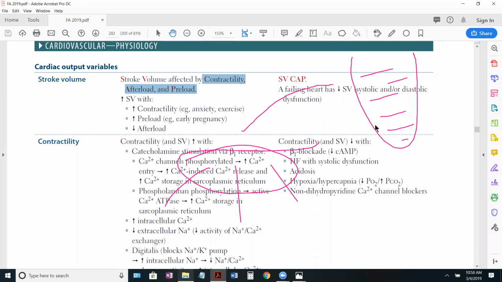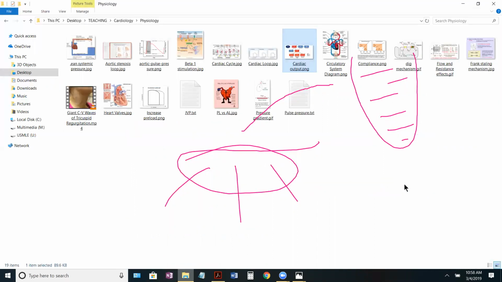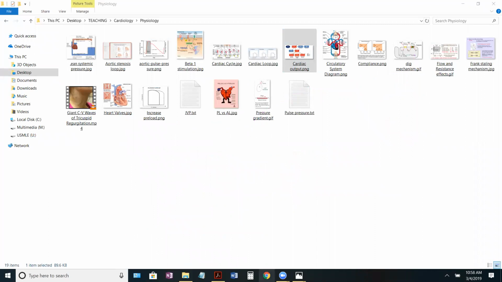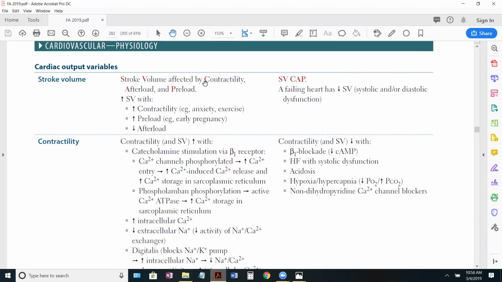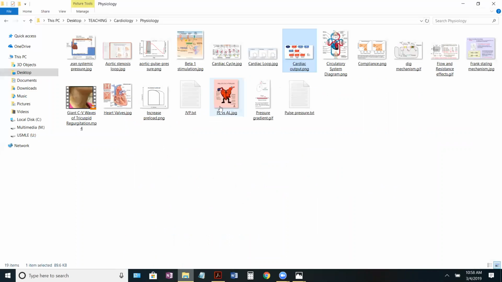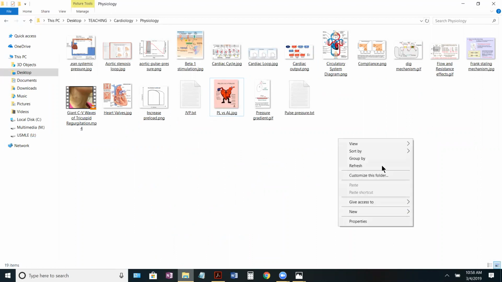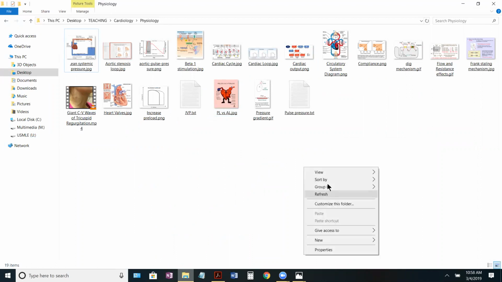So do you know why these factors? What is preload? Preload is going to be the amount of blood that's going to be in your ventricle before you contract and eject.